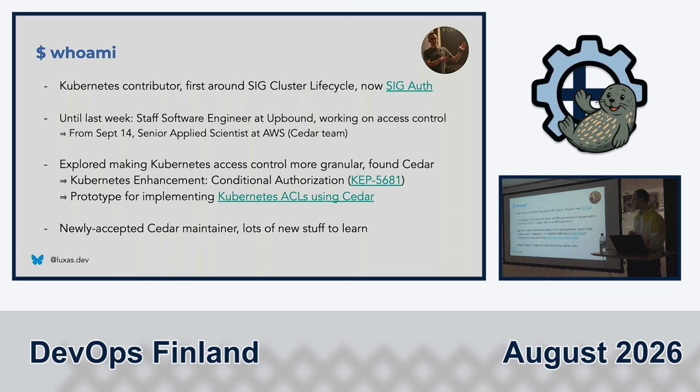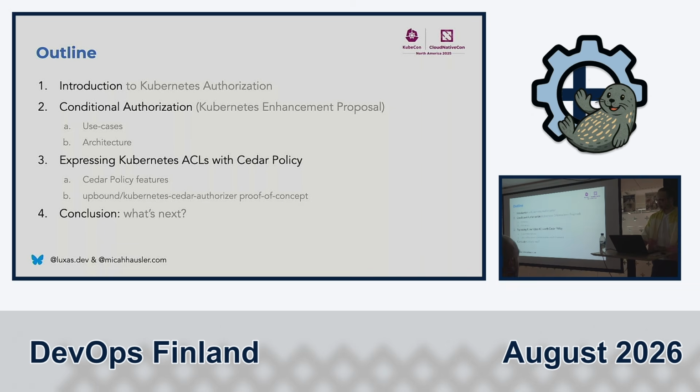And yes, so this talk will be about these features that are coming in Kubernetes, hopefully making lives of administrators and Kubernetes users easier over time. So a quick outline. We'll go through an introduction to Kubernetes authorization for those that are not familiar. And then we'll go through one of the improvements that I'm proposing to Kubernetes upstream and implementing.